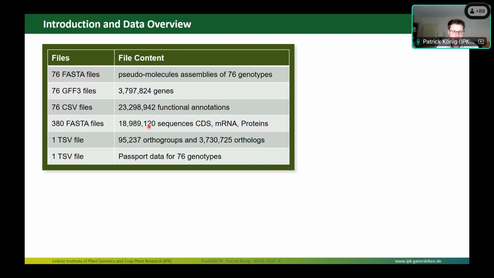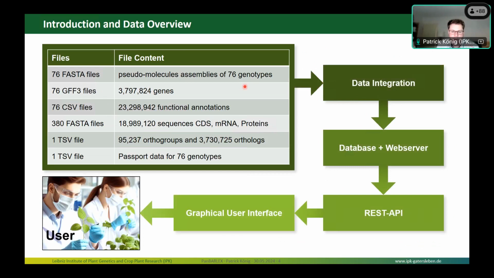We have the FASTA files with sequences and many more files of different types. And the approach in PanBARLEX was to integrate all those data sets into one relational database management system, or into a schema of relational database tables.